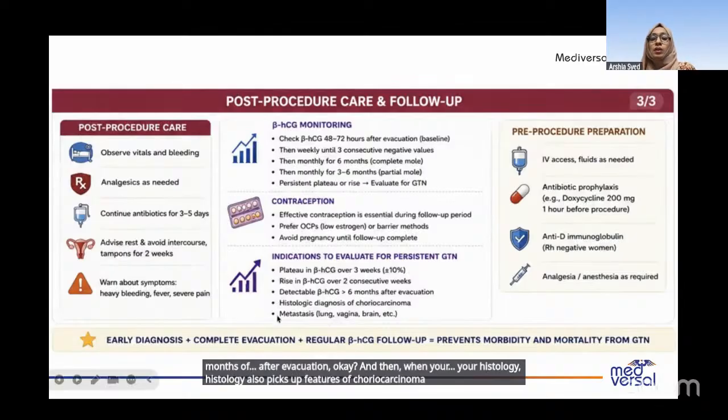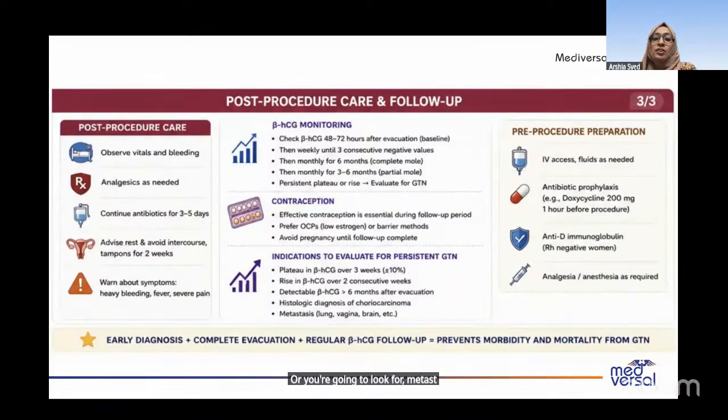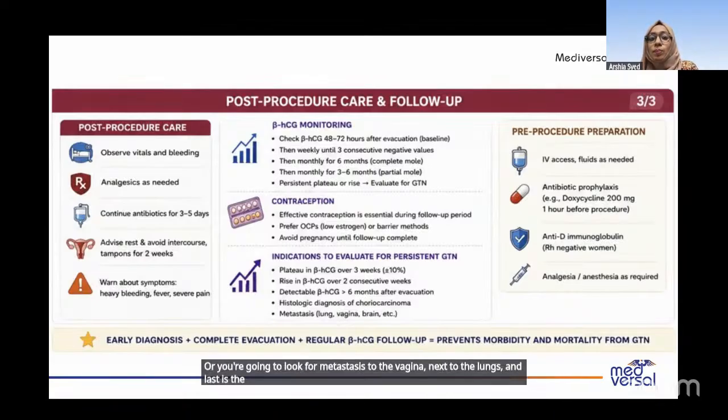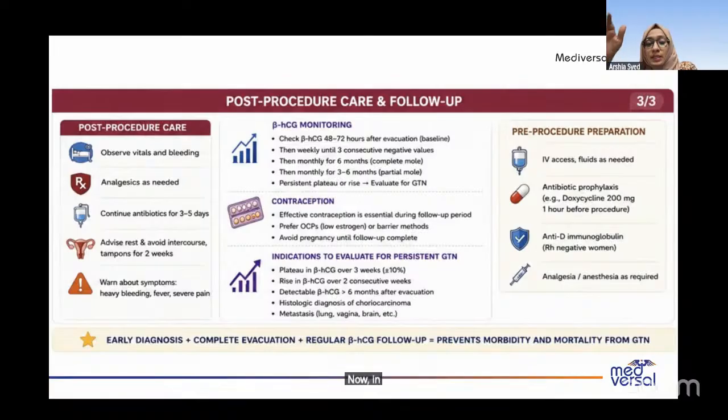You're going to look for metastasis to the vagina, next the lungs, and last, the stage 4 mets to the brain.